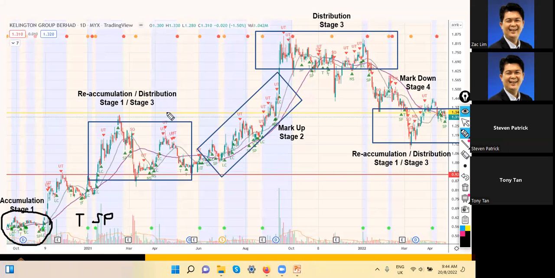But in a distribution here, you will see a lot of signs of weakness coming in: upthrust, sell down, or any NS. As long as in this stage you can still see NS, then you will know that the setup is still intact.